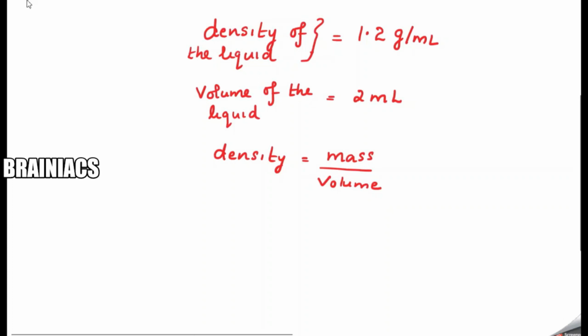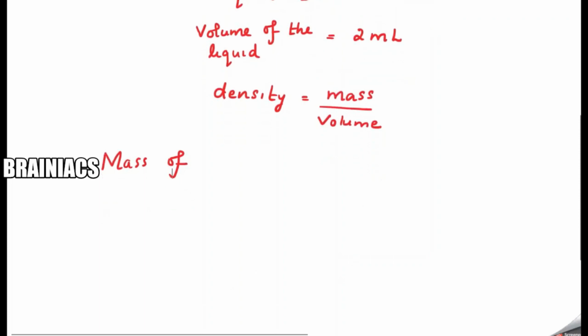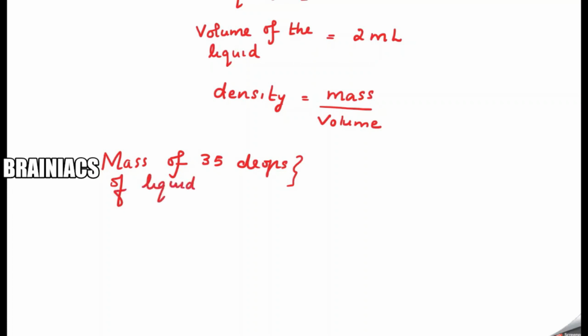So I can say mass of 35 drops of liquid is equal to volume into density. Correct, volume into density.